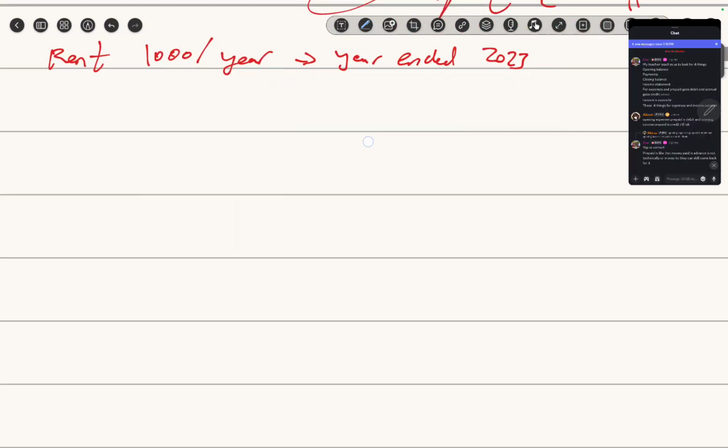The whole year passed, he was supposed to pay the rent at the start of the year but he didn't pay it till the end of the year. So this is accrued expense. Sorry, we are yet to give money to this guy. So we're basically owing money to him. It's a current liability.